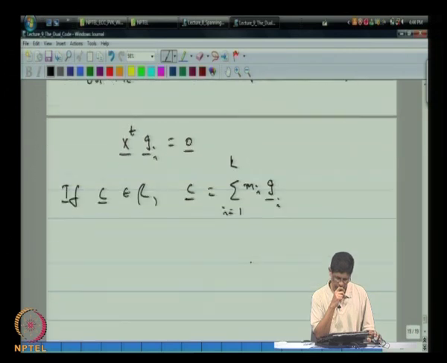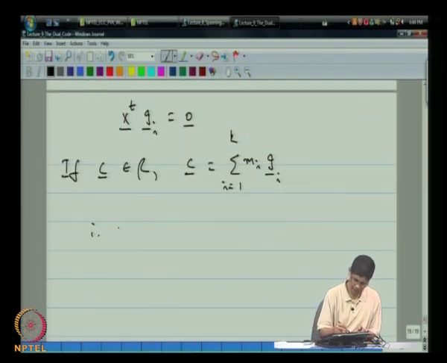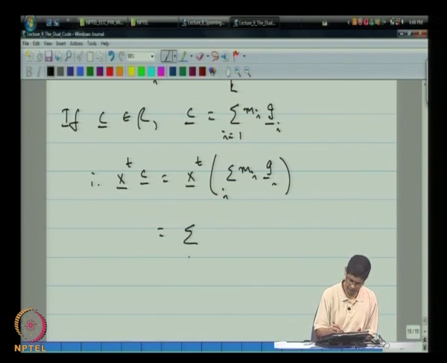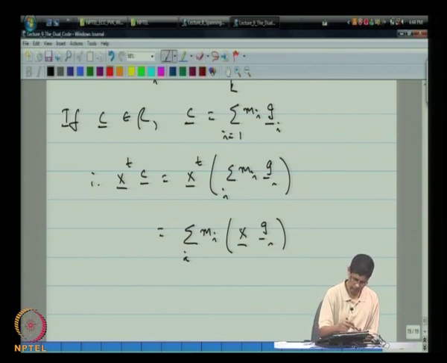Now, therefore, x transpose c is equal to x transpose sigma i mi Gi, which is sigma i mi x transpose Gi, and we know this to be 0.